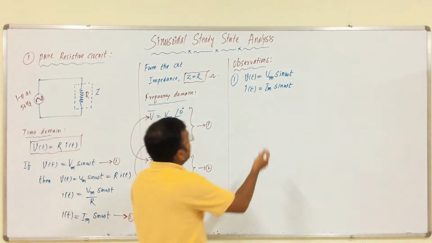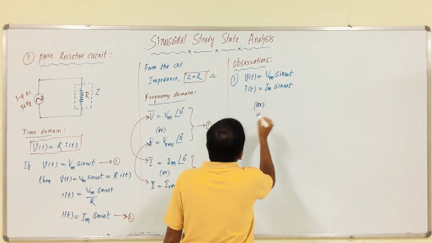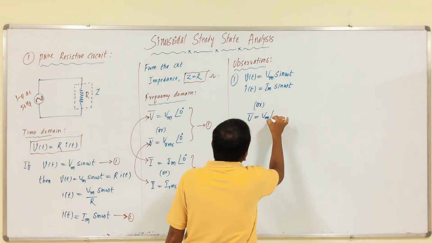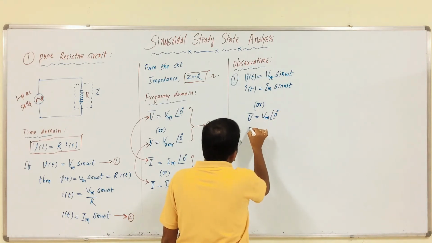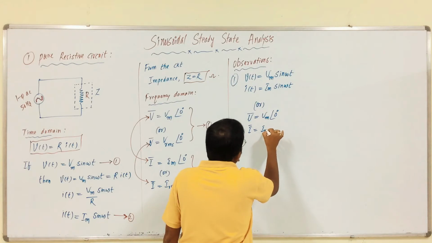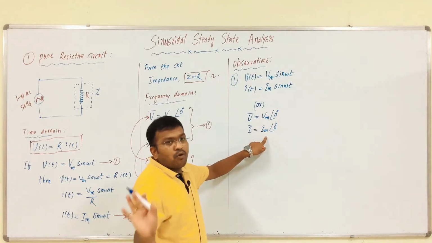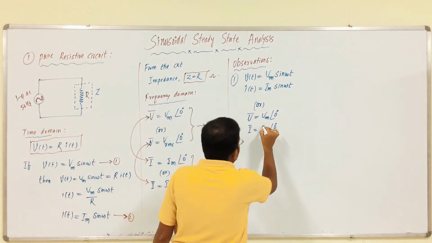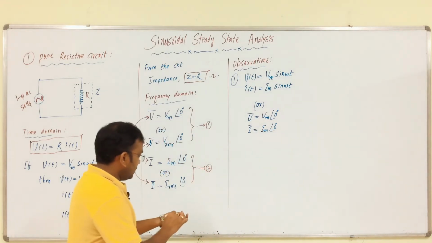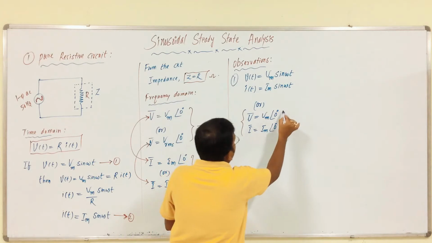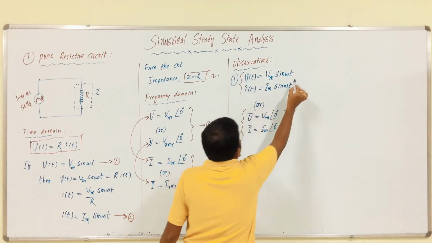Or you can consider in frequency domain, V is equal to Vm at an angle 0, like that Im at an angle 0. Or you can consider RMS quantities, no problem at all. This is one set, this is another set.